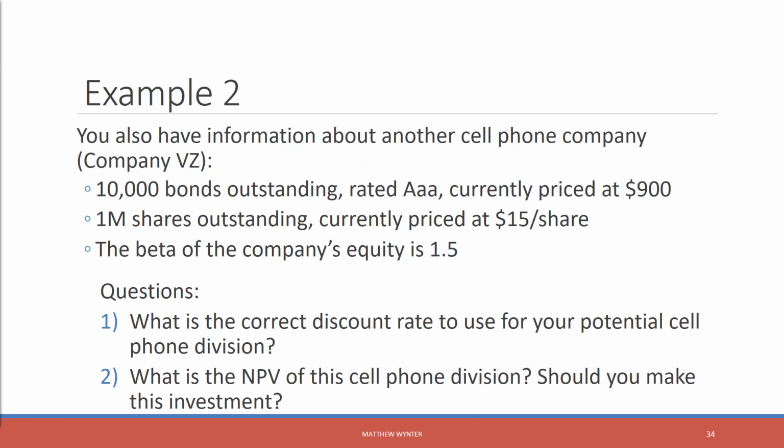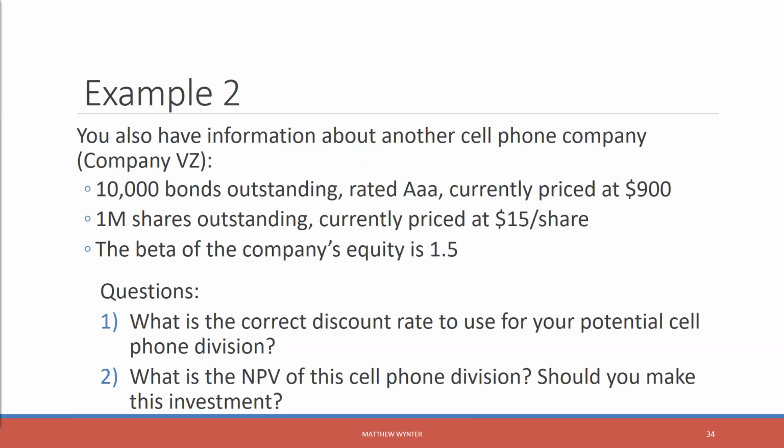So we're going to solve for the asset beta of VZ because we have all the information on the firm's debt and equity structure. We also know the asset beta of debt, and we can apply the beta of the equity that's given to us. And then our next step, once we solve for that asset beta, is going to be to solve for the expected return under the CAPM.